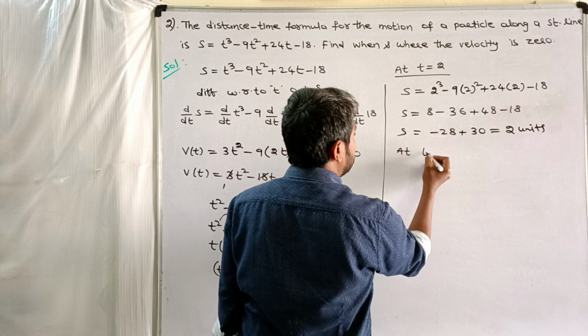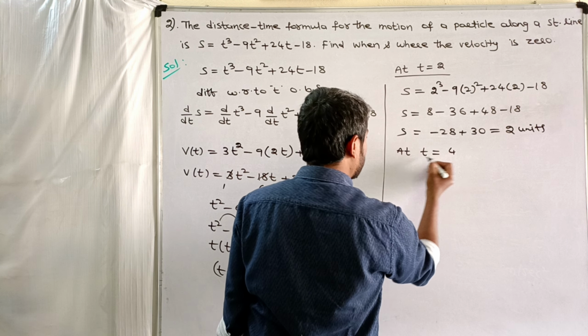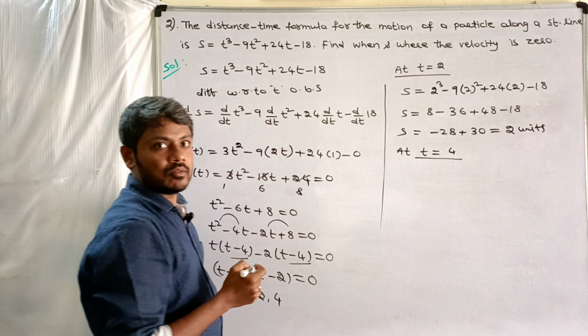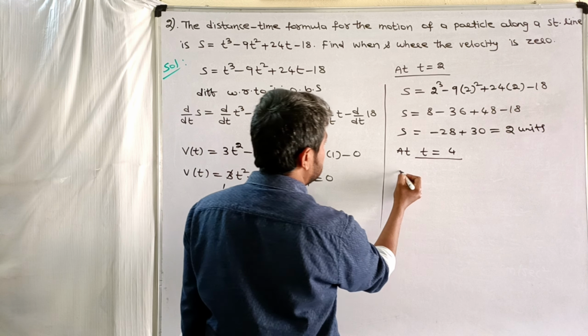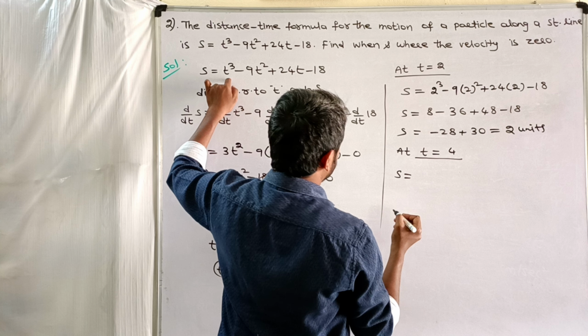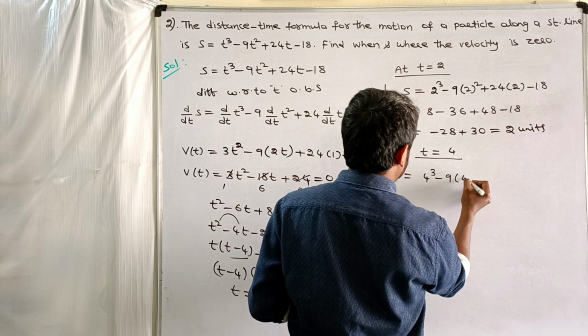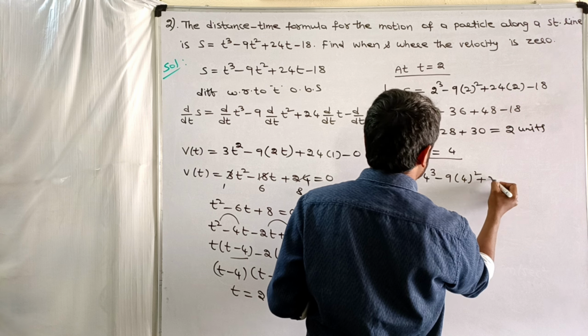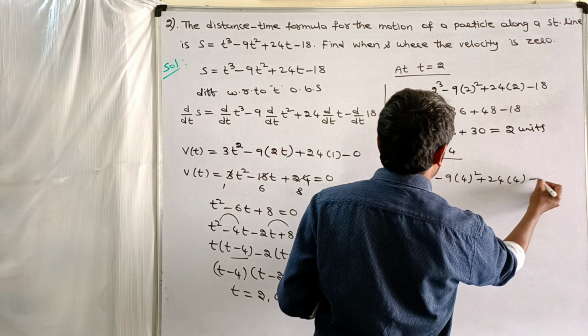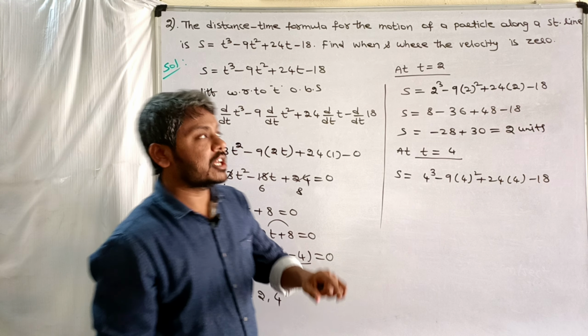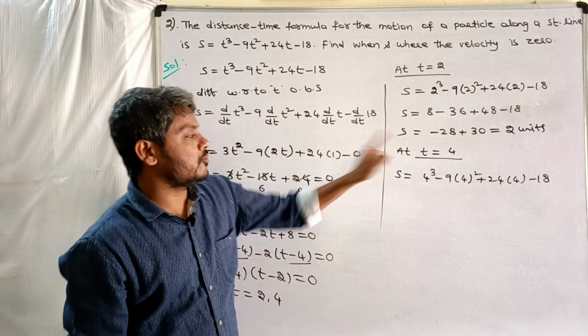Next, at t equals 4 seconds, what is the given function? S equals, substitute t equals 4: 4 cube minus 9 into 4 square plus 24 into 4 minus 18. Just replace t by 4.